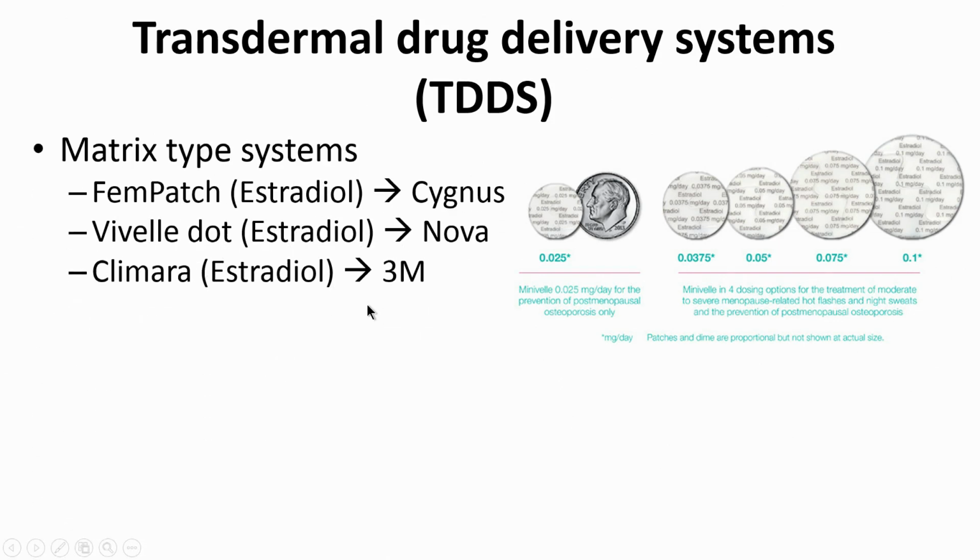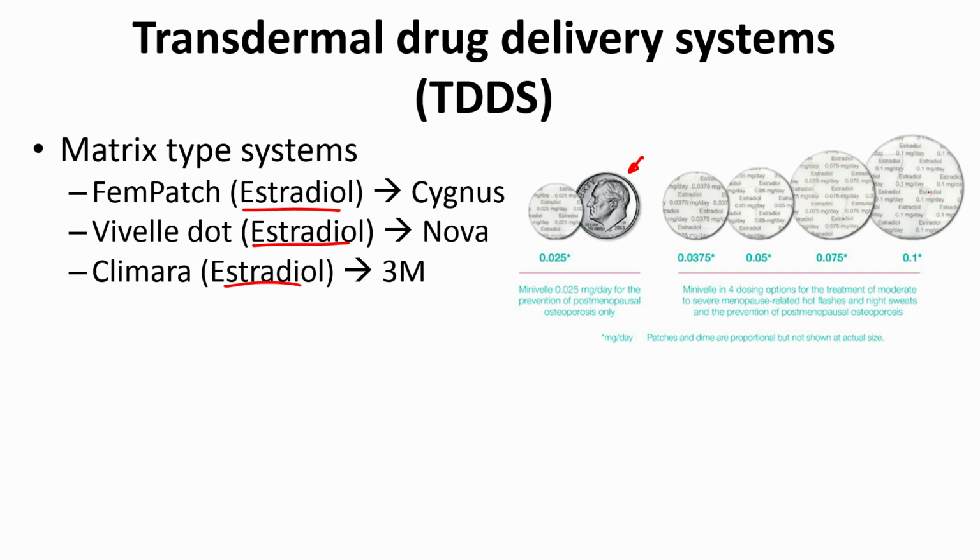In this case we are looking at some matrix type systems that are used. These are various systems to deliver estradiol, which is a hormone, and what you are looking at is these skin patches. Here is a quarter just for the size comparison, and you can get different sizes of this.